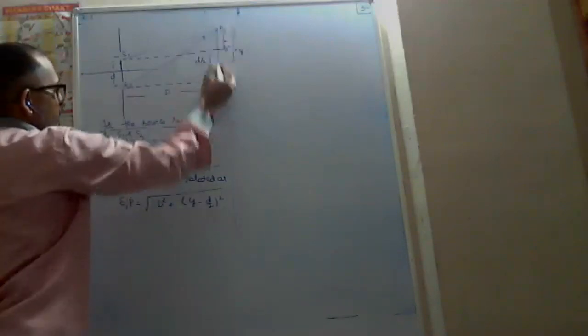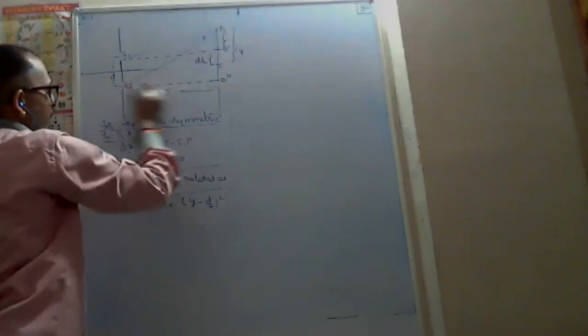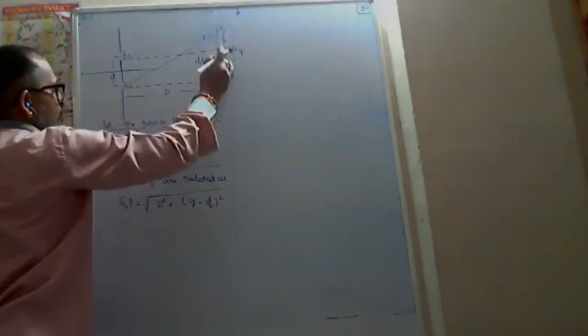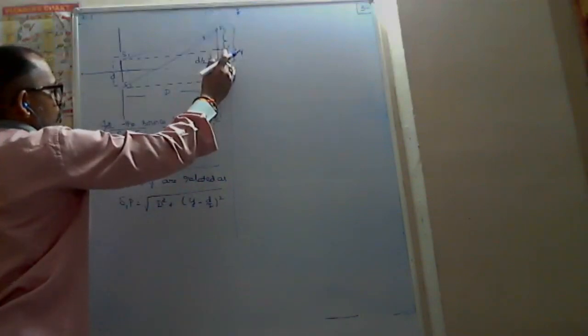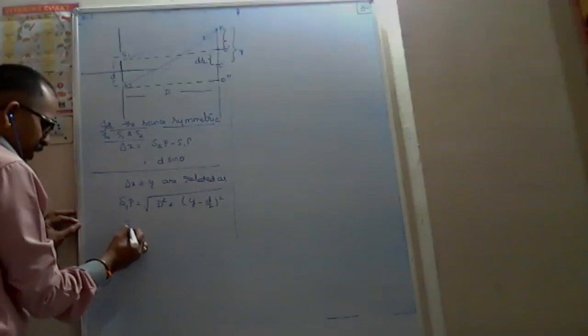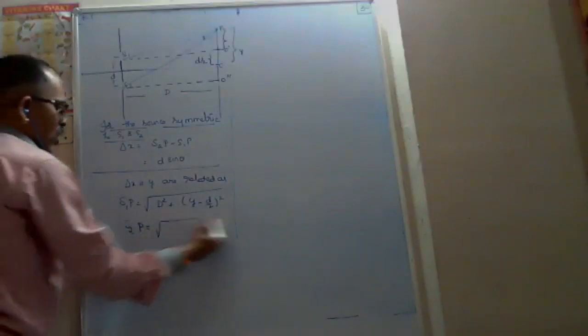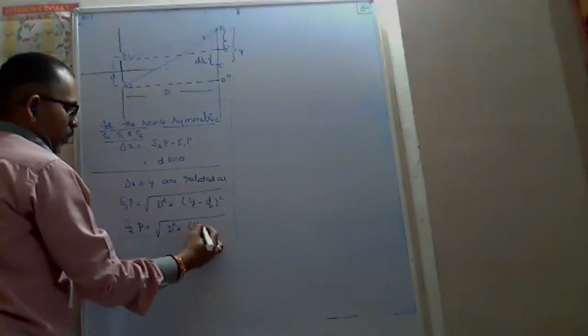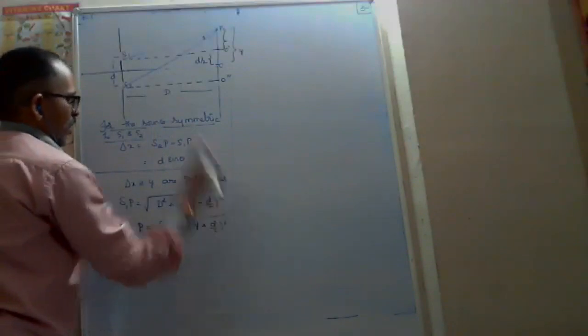From the triangle S2PO double dash, this big triangle, it becomes y plus d by 2. Then S2P is the root of D square plus y plus d by 2 whole square.